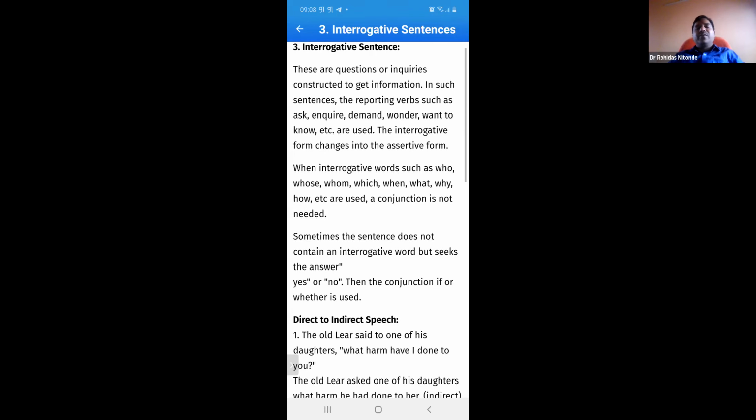But when we don't have any such WH word or interrogative pronoun in the question, and such questions demand a yes or no type answer, we want to add a conjunction. In that case, the conjunction that we can use may be either if or whether. So for combining the two clauses, we use if or whether as a conjunction. So these are the rules.